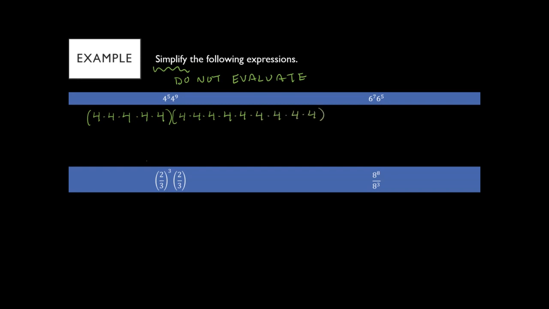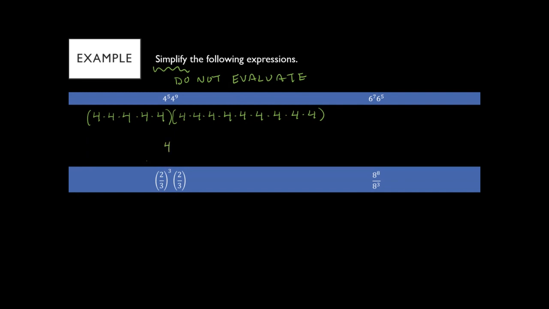Now you may be thinking, well, this certainly doesn't look simpler, but when you write this out, you see that instead of writing this as two separate things with exponents, we can combine this as a single exponent. We have 5 4s and then 9 more. 5 plus 9 is 14. So we have 14 total 4s here.